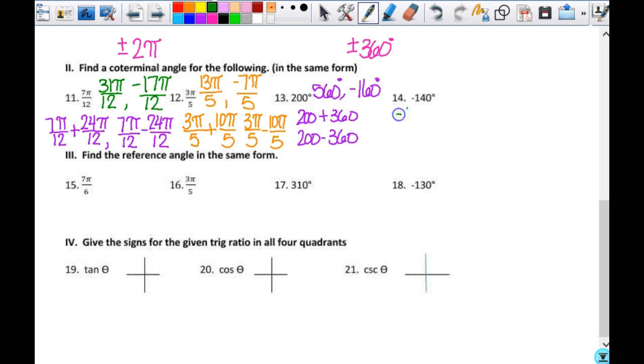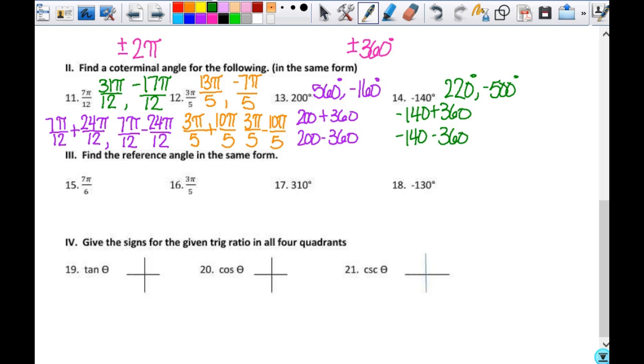And then the negative 140 plus 360 and negative 140 minus 360. So that will give me positive 220 degrees and a negative 500 degrees. So those are your coterminal angles.